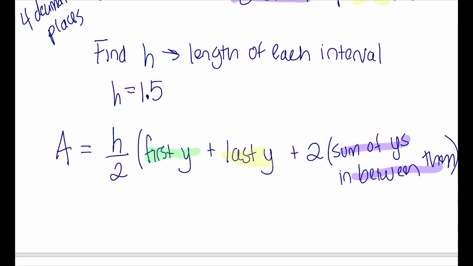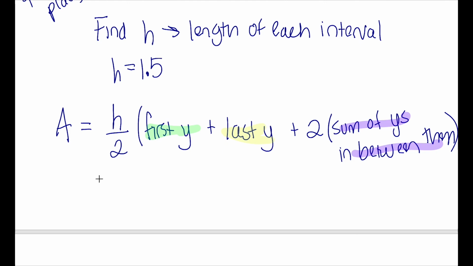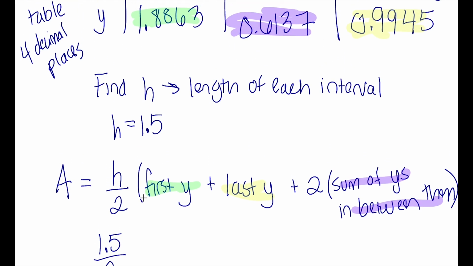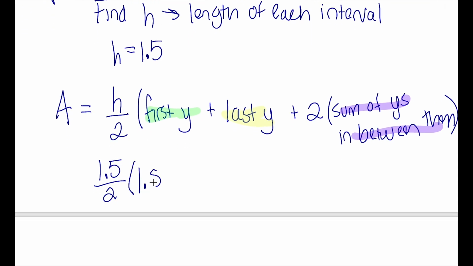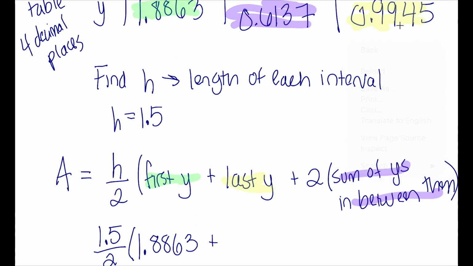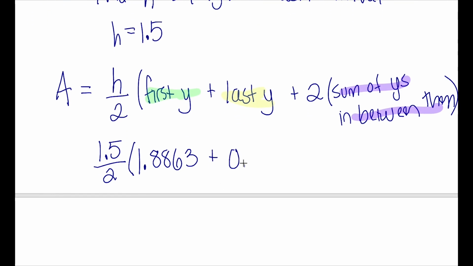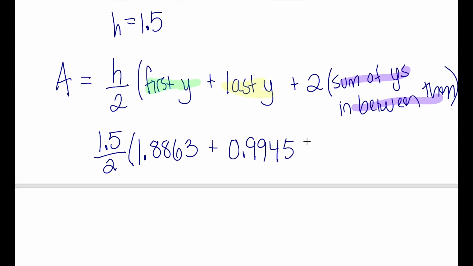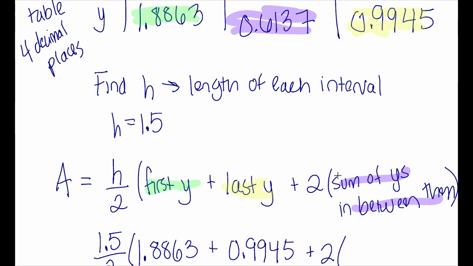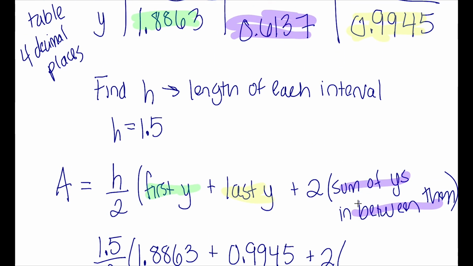Let's go ahead and plug what we have into our formula. 1.5 divided by 2 times 1.8863 plus 0.9945 plus 2 times 0.6137.